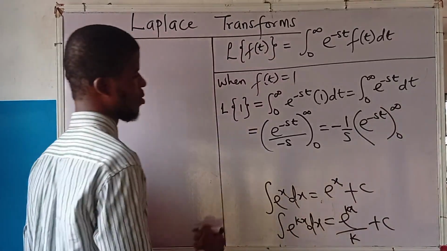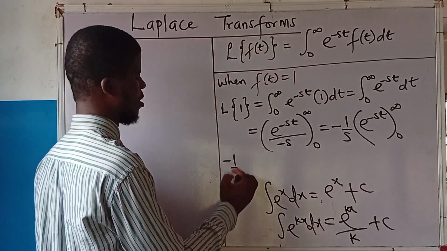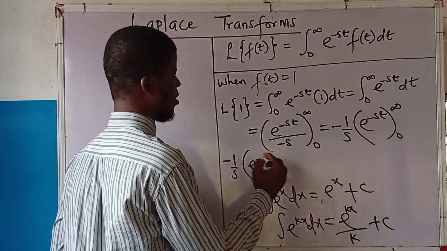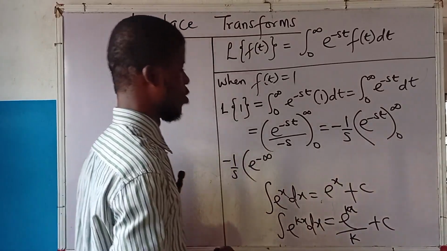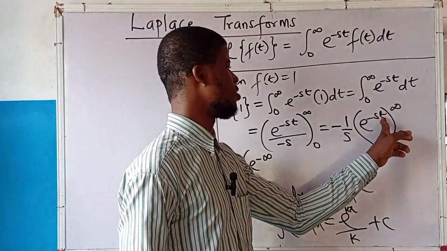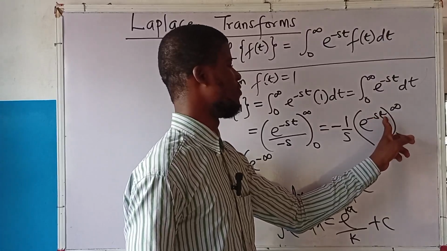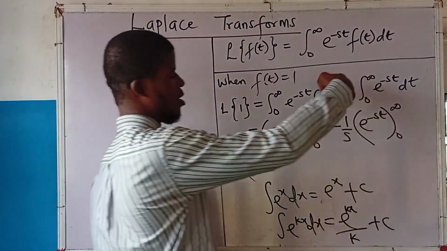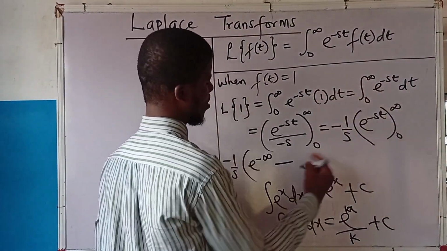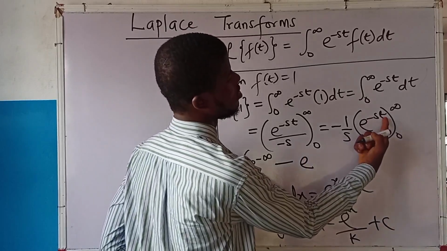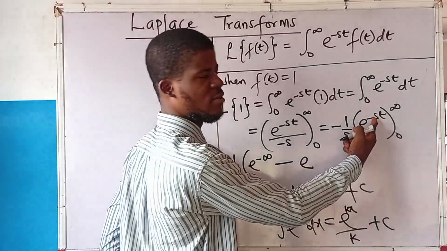So what do we do? We plug in the upper limit, minus 1 over s, and infinity enters here, we have e to the power of minus infinity. Of course, infinity will stand in for t. Minus s times infinity is minus infinity. Then we'll now say minus, plug in the lower limit, 0. If I multiply 0 by s, it will give me 0.